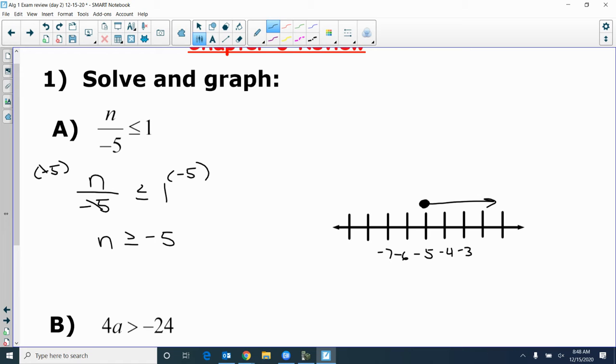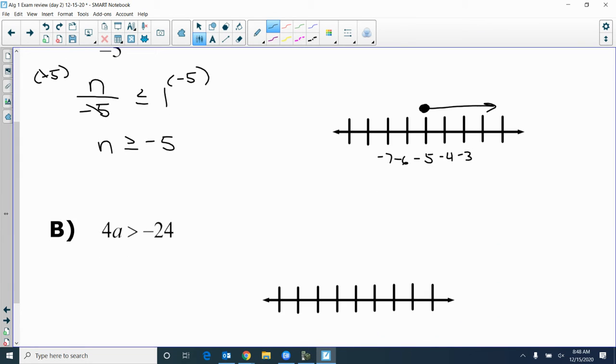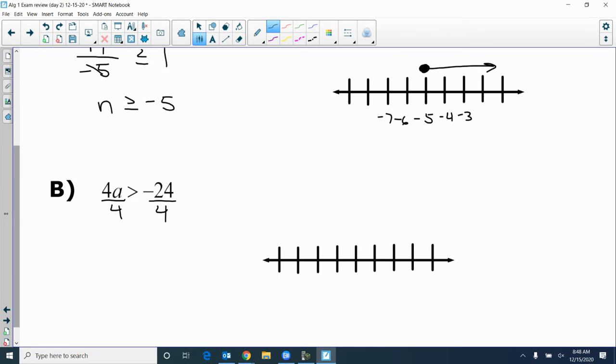Now for B, 4a is greater than -24, divide by 4. Now, look at the number you divided by, that is not a negative. You do not flip the sign for that. So that just stays greater than, and -24 divided by 4 is -6.